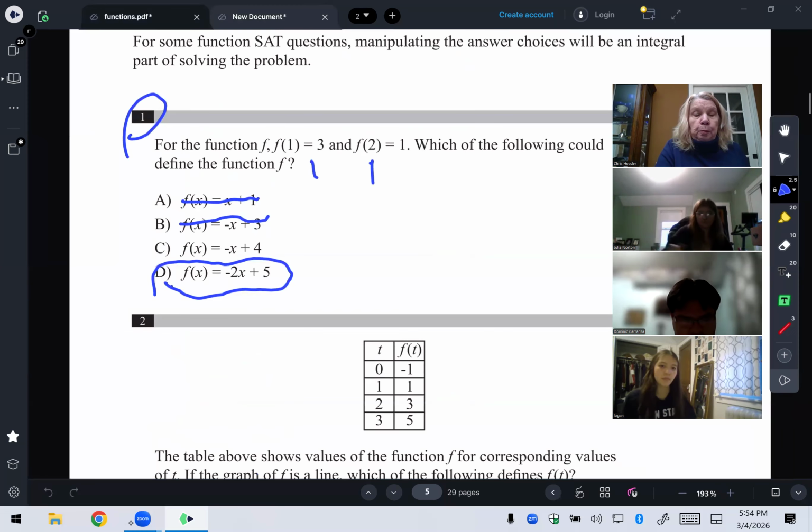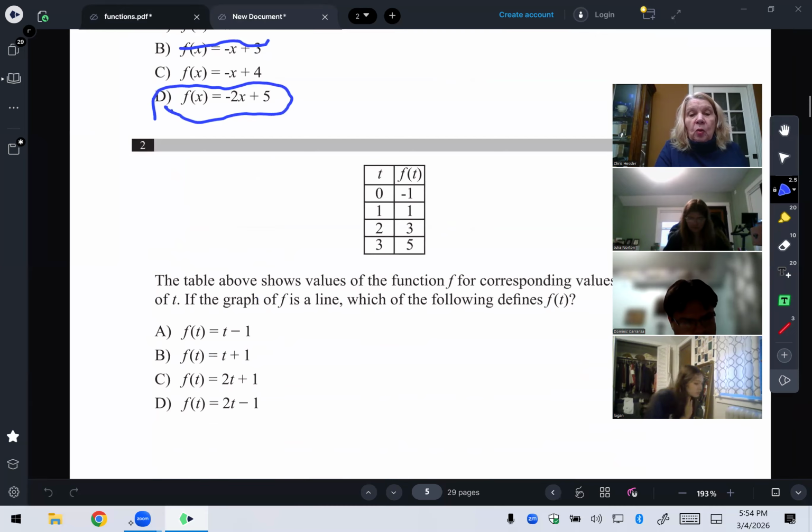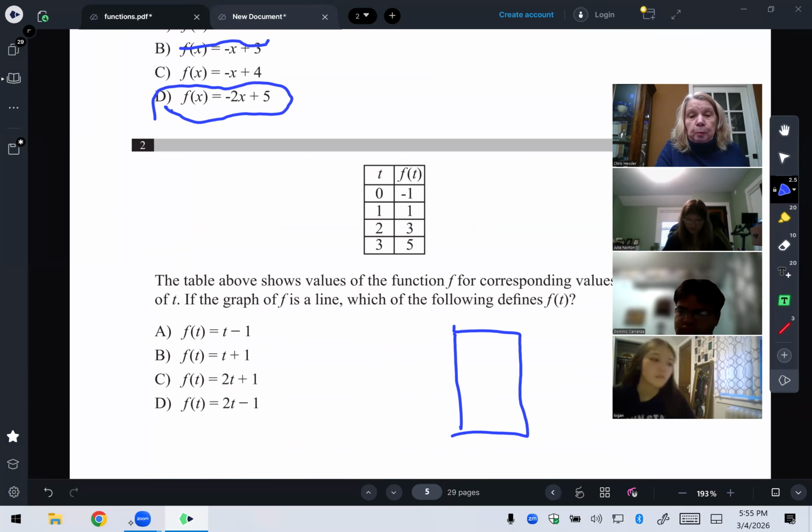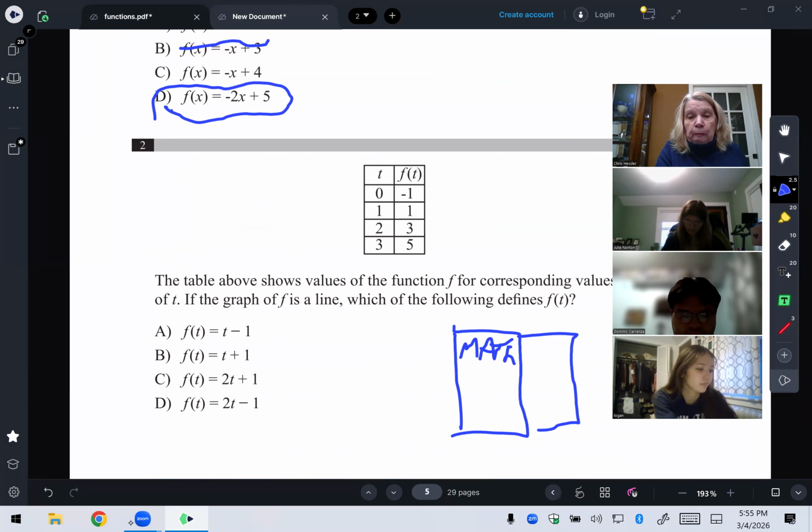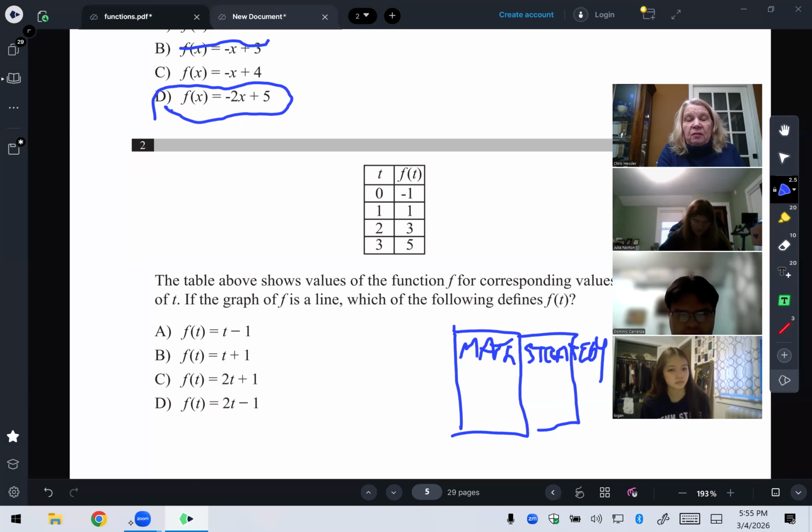So here, we could go in the math door, the actual math, or the strategy door. The table above shows values of the function f for corresponding values of t. It's a line, so we know it's linear. Which of the following defines f of t?